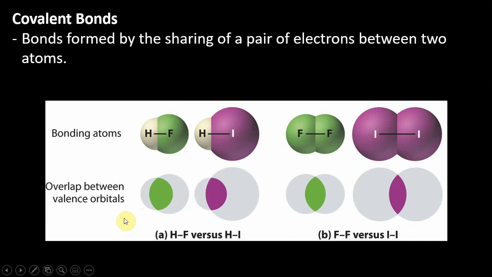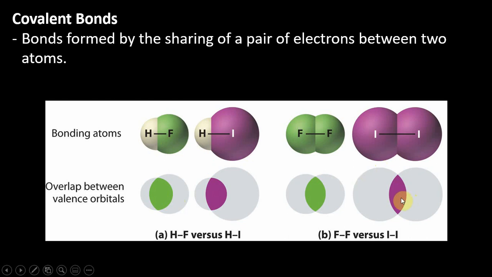It's the overlapping between valence orbitals that creates these bonds. So hydrogen fluoride versus hydrogen iodide. We have a greater overlap between hydrogen and fluorine than we do with hydrogen and iodine, and therefore there's a stronger attraction between the hydrogen and the fluorine than there is between the hydrogen and the iodine.